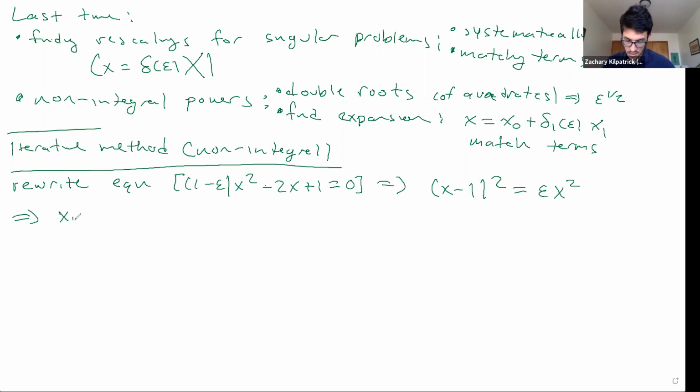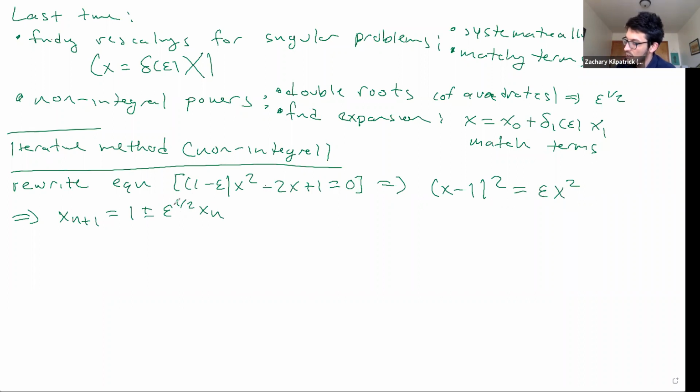So xn plus 1 is equal to 1 plus or minus epsilon to the 1/2 xn, right? And of course, there are other maps that you could create here. You could take a square root and then divide by epsilon, but that's probably not a good idea, right?